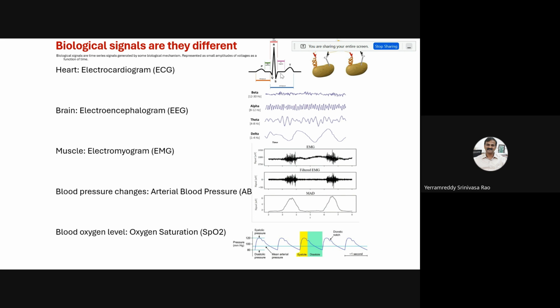So what we require is a sensor which will capture this signal and print it on some piece of paper, or at least display it on some display unit. So this is our job: every heart is generating a signal, and I am supposed to sense it, convert it, display it, print it. That's our job, signal processing.